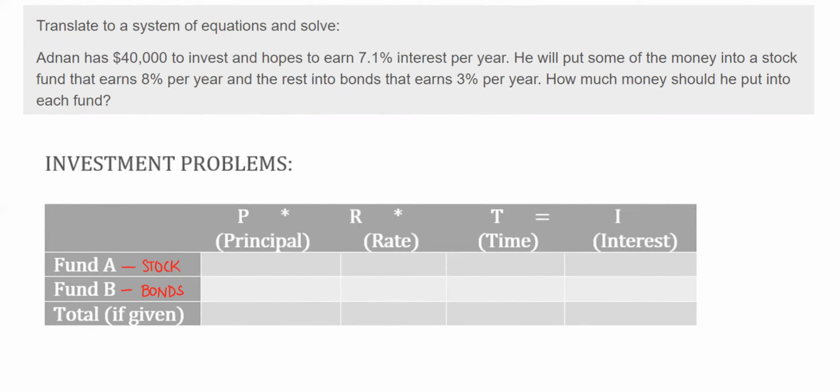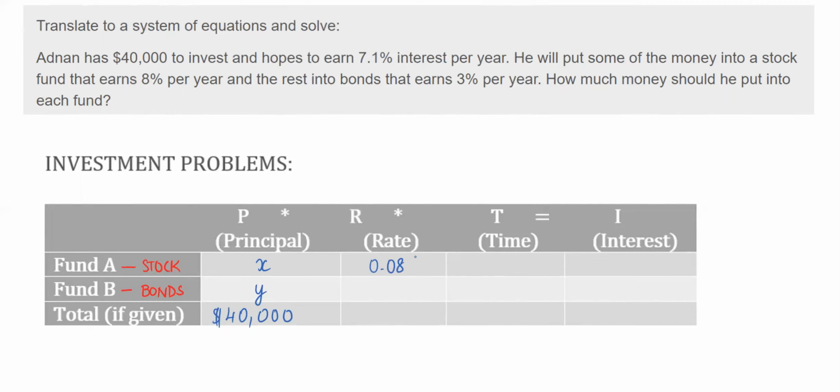So let's enter the details. So the total principal is, that's the total amount he's willing to invest, right? We don't know how much of that $40,000 he's going to invest in the stock, so we'll call it X. And we don't know how much in bonds, that will be Y. The interest rate for stocks is 8%, 0.08.